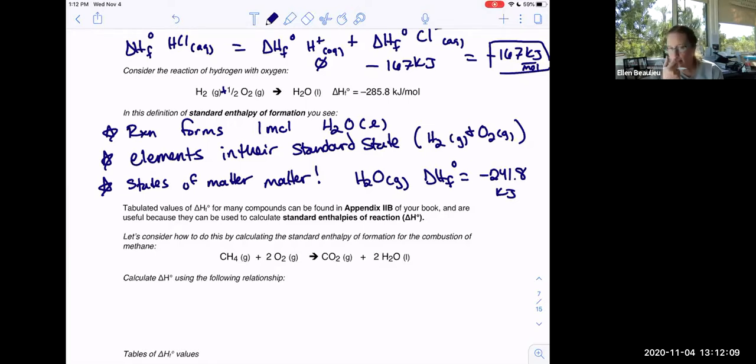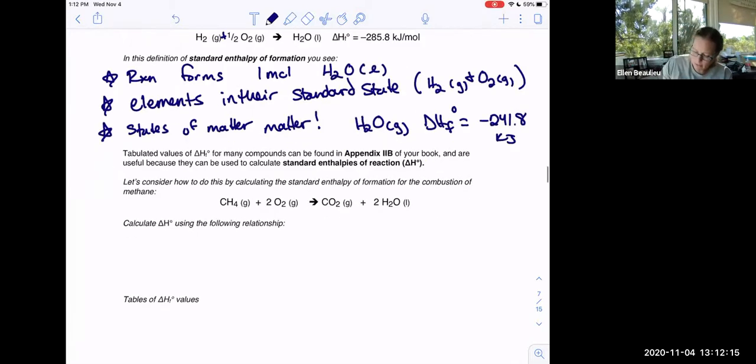You can use delta HFs to calculate delta H for any reaction using this mathematical relationship, which I will give you in potentially useful information. You can add the sum.